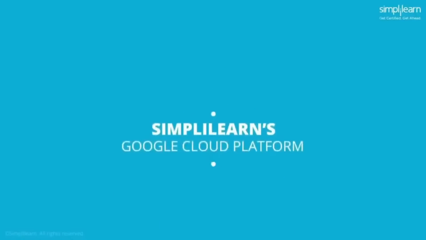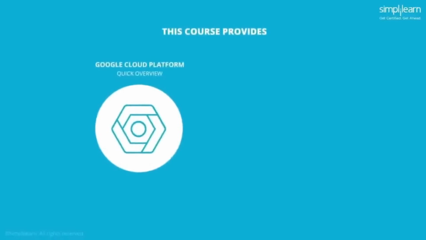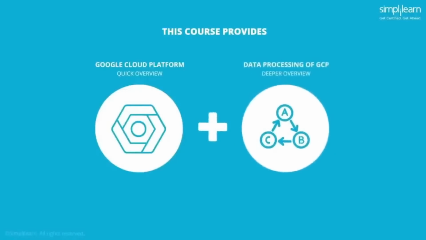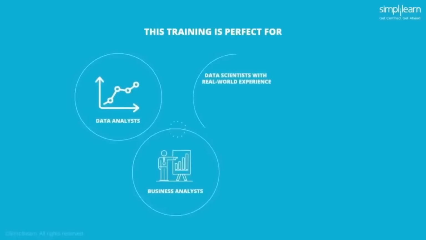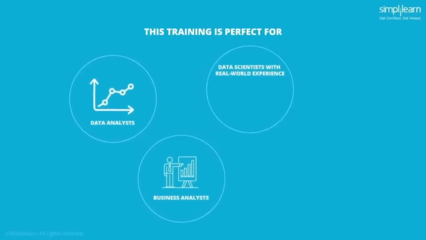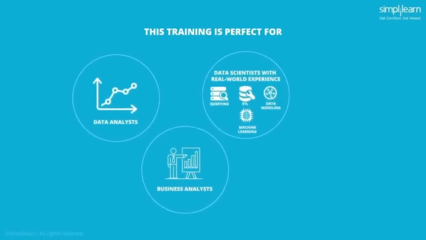Simplilearn's Google Cloud Platform Big Data and Machine Learning Fundamentals, or CPB 100 course, offers a thorough overview of the Google Cloud Platform, covering its data processing capabilities with various use case studies. It's the perfect course for data analysts, business analysts, and data scientists with real-world experience in querying, ETL, data modeling, or machine learning.